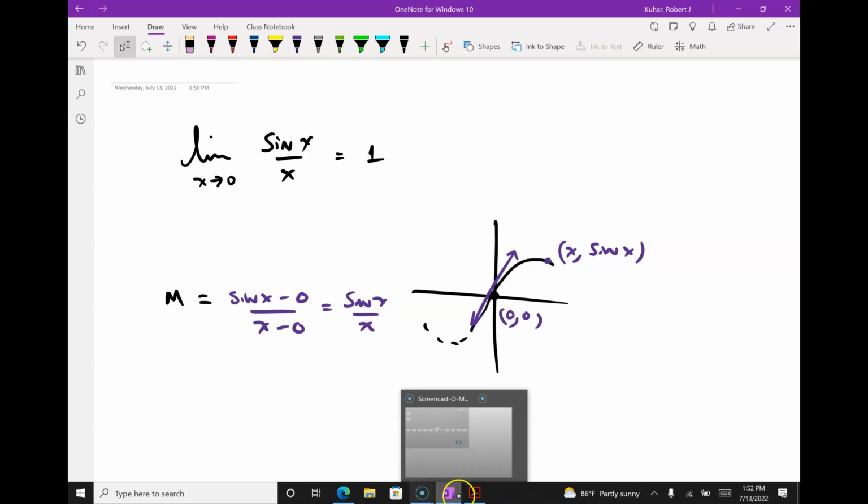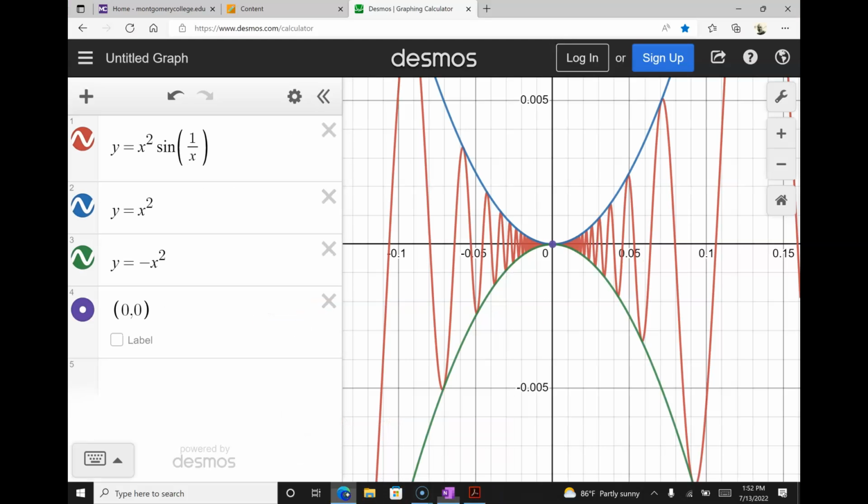So I want to look at 3 different functions on Desmos.